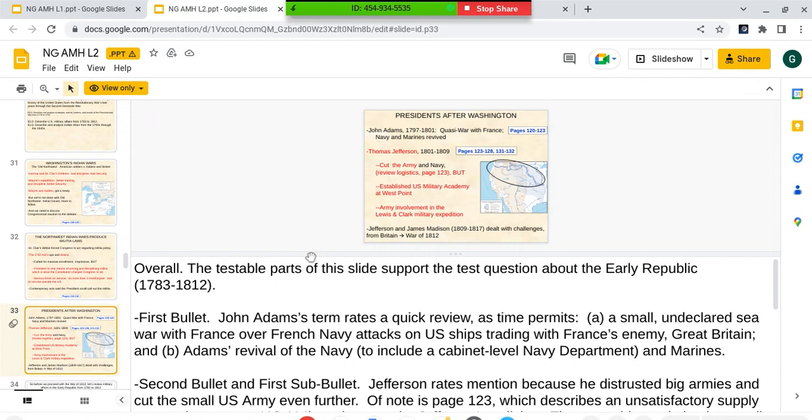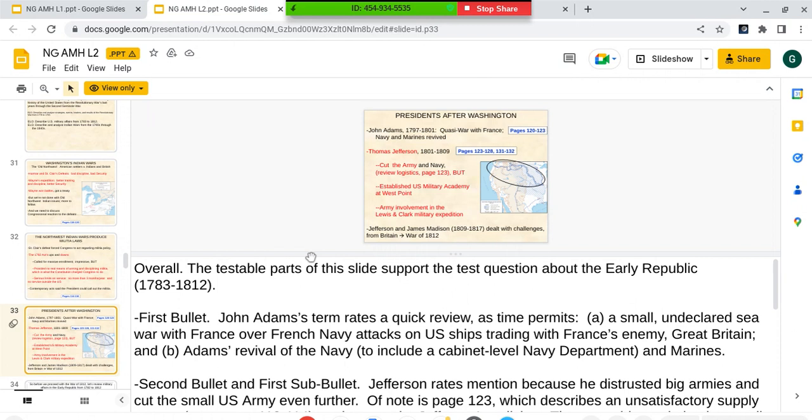He cut the Army and the Navy because Thomas Jefferson was just like Washington. He was distrustful of a powerful military, and so he did a lot of cuts to the Army and Navy, but he also established a military academy at West Point because he thought that it was still important to have well-trained officers who knew what they were doing, while not also having an overly large and massive army.